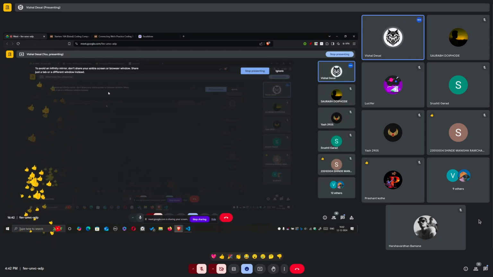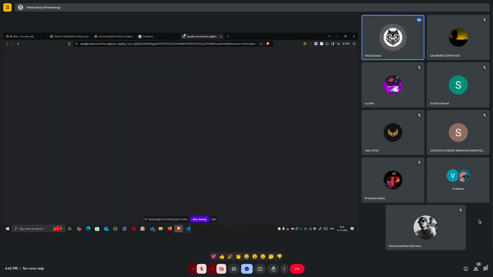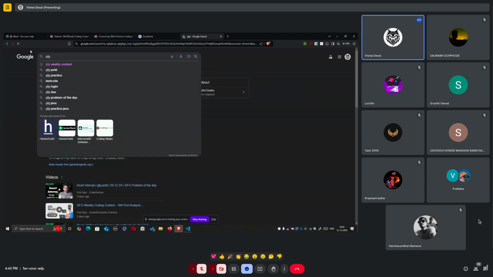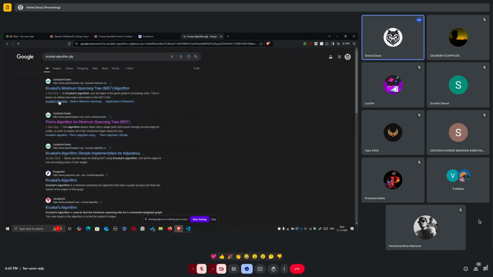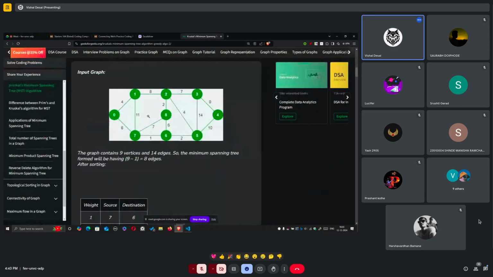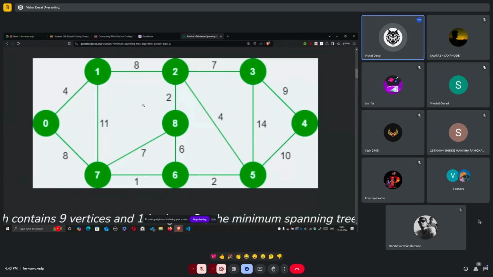If anyone doesn't know, please raise your hand. I will explain it in short. I will just show you an example. What is a minimum spanning tree? Consider this as a graph.